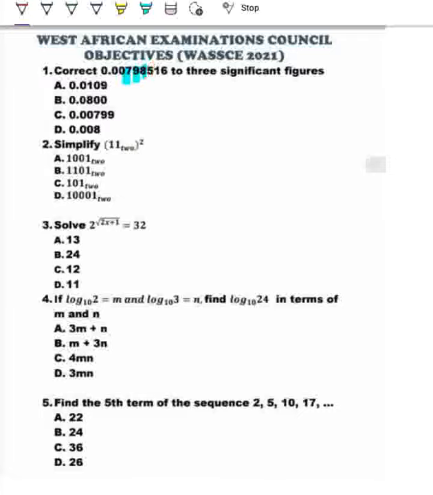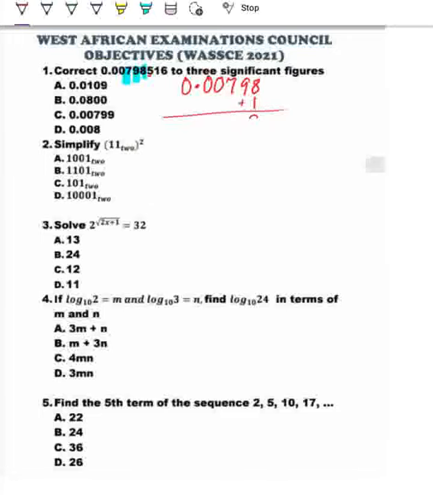Is it up to 5? If it is up to 5, we round up by 1 and add it to the digit before it. So we have 0.00798. Now we consider 5, which is the digit after the third significant figure. Since it is exactly equal to 5, we round up by 1 and add it to the digit before it.